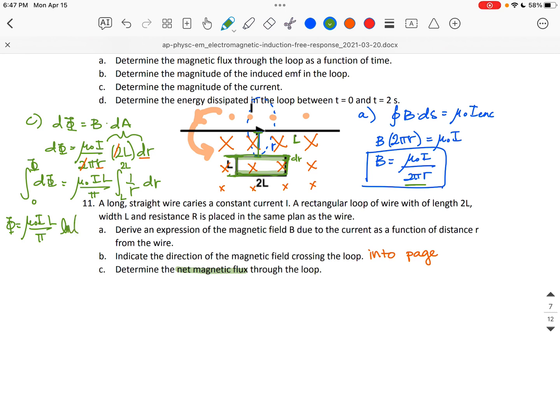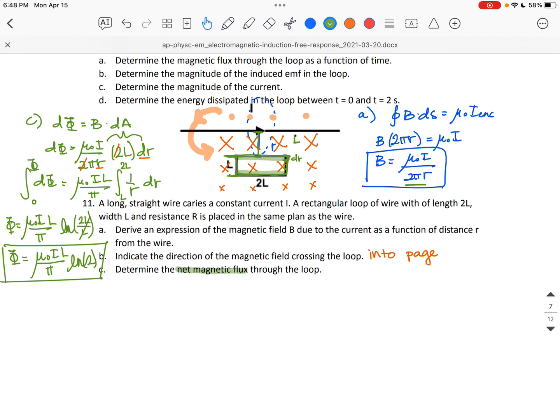And then I'm just going to do this division, even though usually you would subtract your limits, but I know that ln 2L minus ln L is the division of ln 2L over L. That simplifies everything down, and my net flux is mu naught I L over pi times ln 2. Okay, so this is part C, when the wire is not moving.